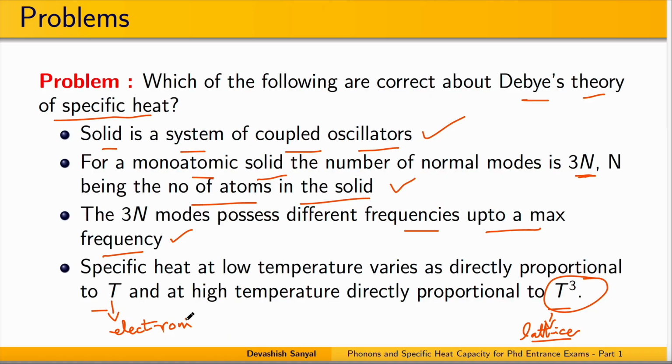It is due to the electron gas. The specific heat goes as T, whereas for the lattice contribution, the specific heat goes as T cubed. So these three are correct. The last one is not correct.